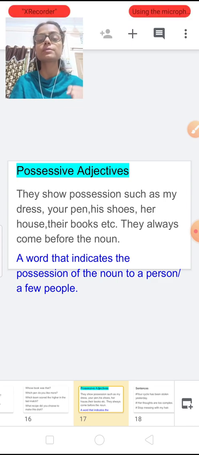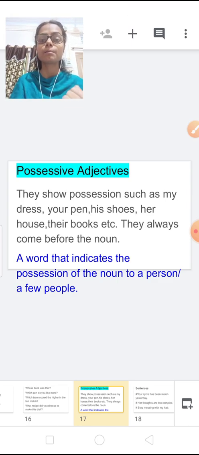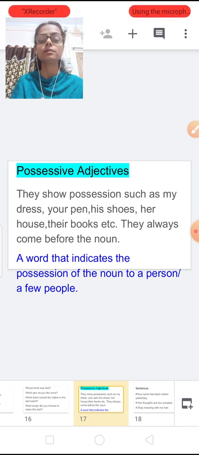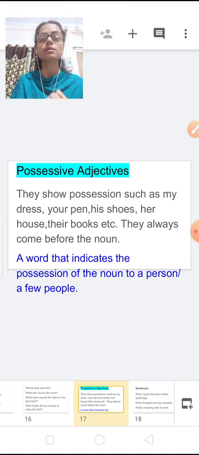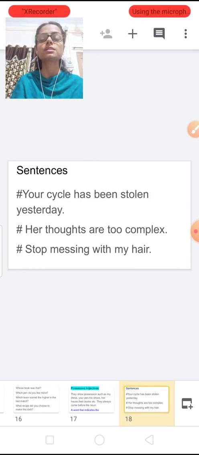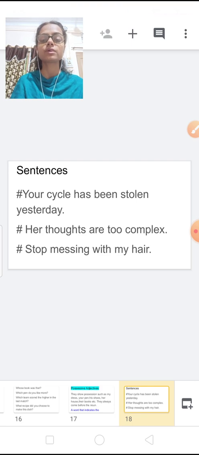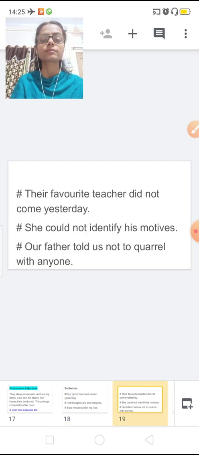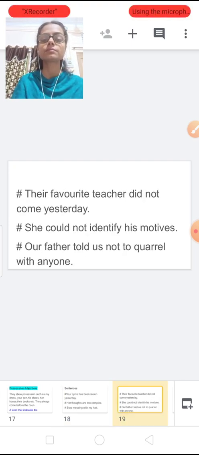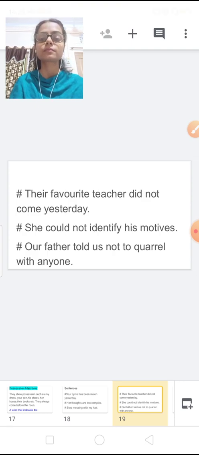Possessive means showing possession. Example, my, our, your, his, her, their. You can see the examples, your, her, my, and in these sentences, their, his, our.